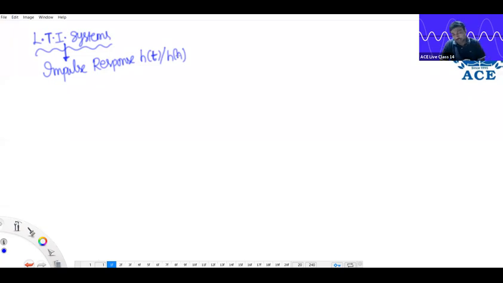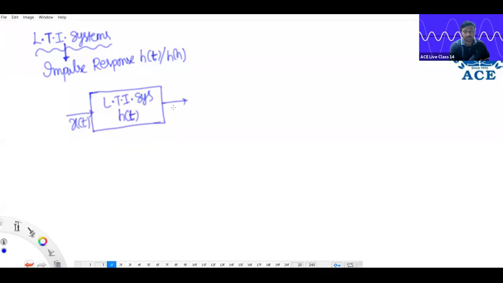Then we proved that according to shifting property, we can write any signal as sum of impulses. So what is the definition of convolution we considered? If the system is LTI with input x of t, output y of t, y of t equals x of t star h of t.